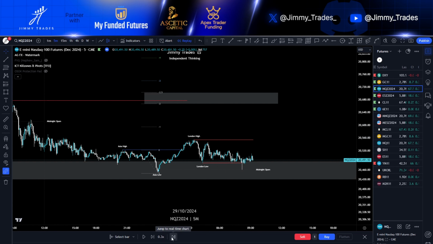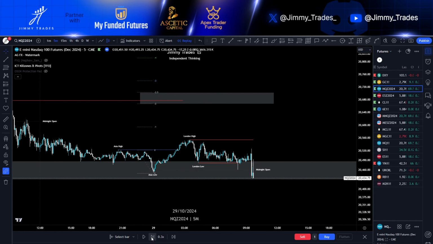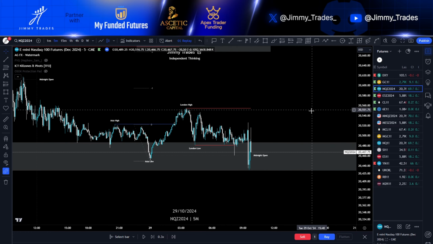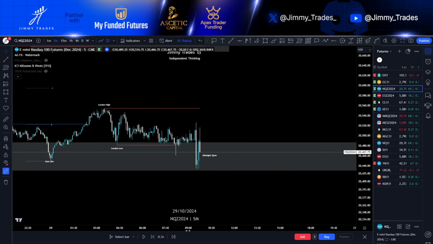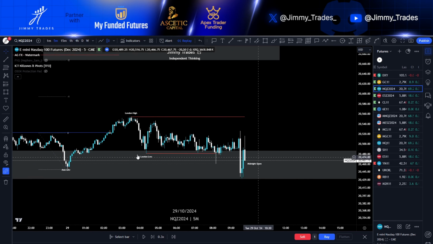Fast forward a little bit, and we get manipulation to the downside. We get a Judas swing. This is at New York Open. So we've manipulated lower. We've taken the low here, which was not quite the session low.